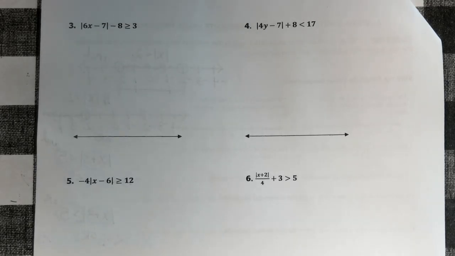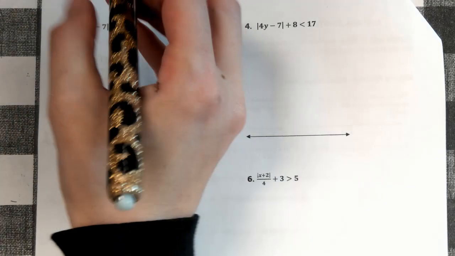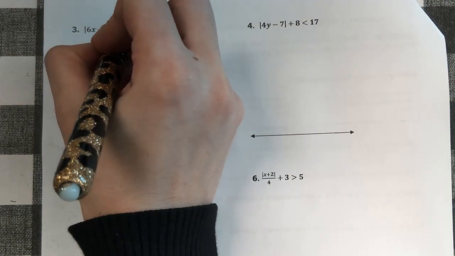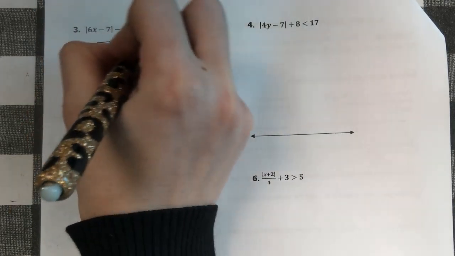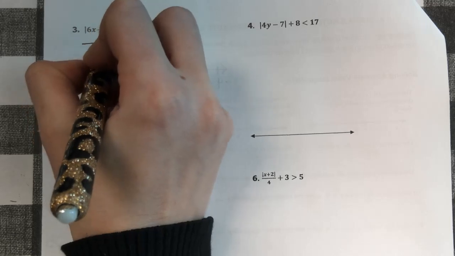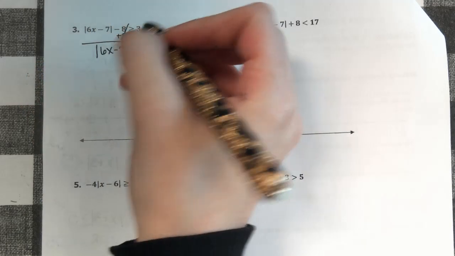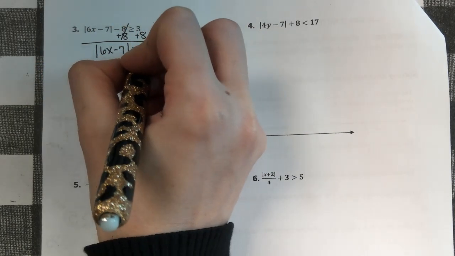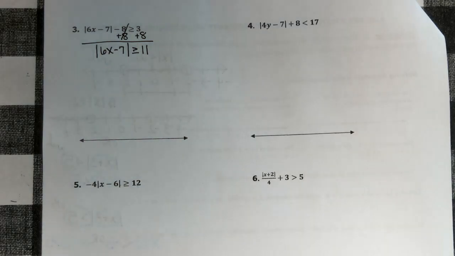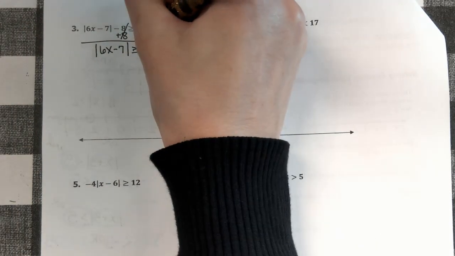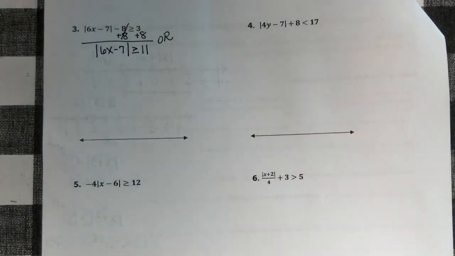Okay, example 3, I have the absolute value of 6x minus 7, minus 8, is greater than or equal to 3. I'm going to add my 8 first. So absolute value of 6x minus 7 is greater than or equal to 11. It's by itself, so it creates an or, because it's greater than.